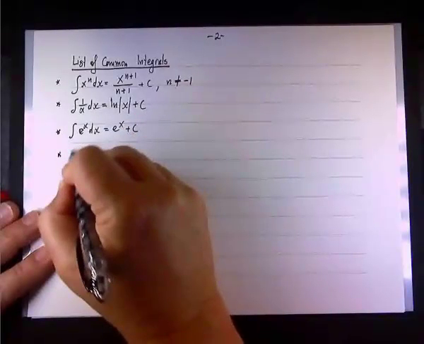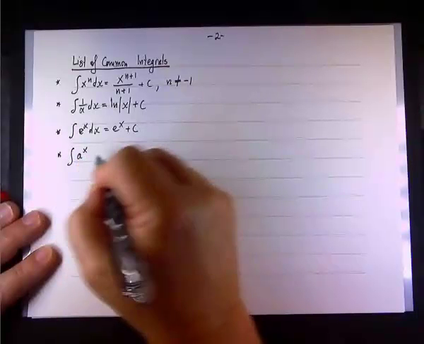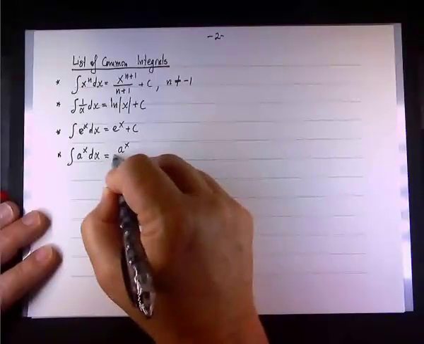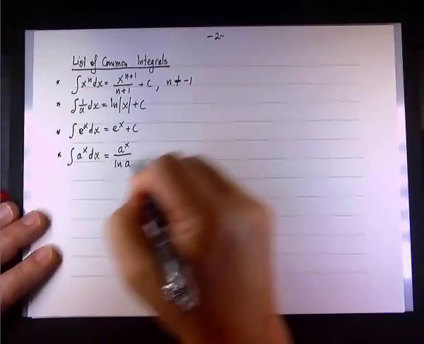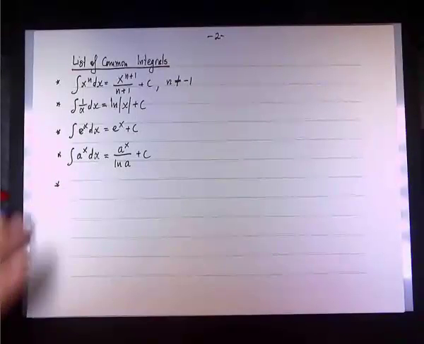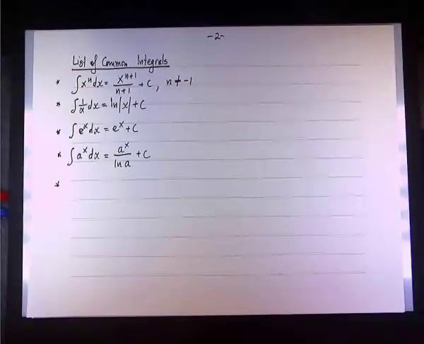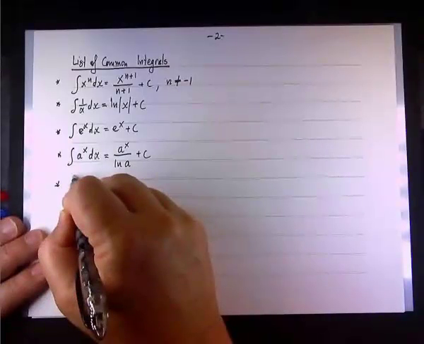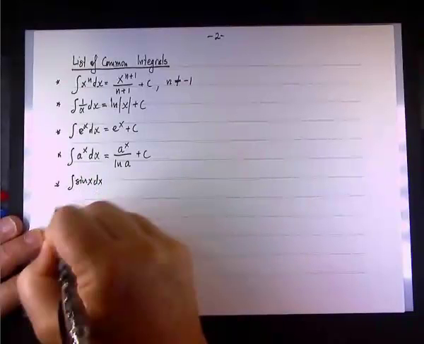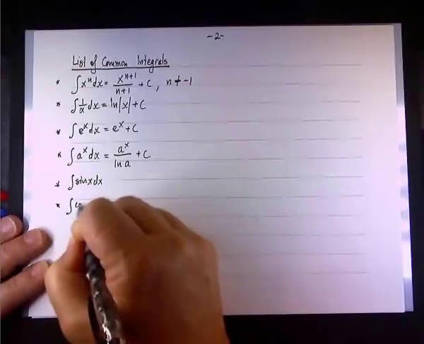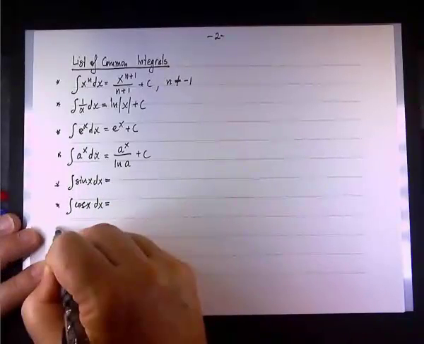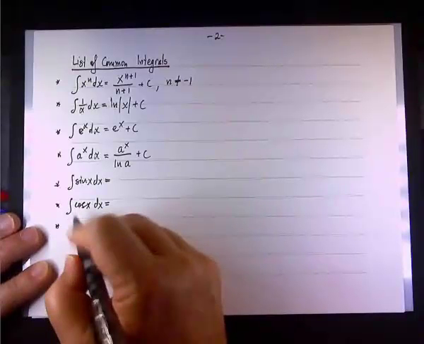And then the next one is the exponential integral. The one that we love the most is the integral of e to the x, as it is e to the x itself. If the base is not e, then we're dealing with the integral of a to the x. Well, the result would be a to the x divided by the natural log of a. And then we have a bunch of trigonometric stuff. Start with the sine and the cosine.